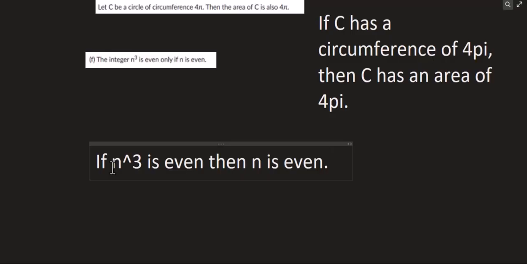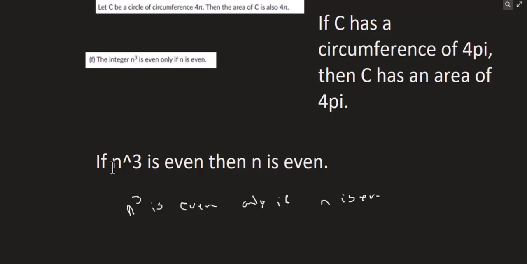Okay, so let's think about what we would have here. I'm saying that n to the third is even only if n is even.